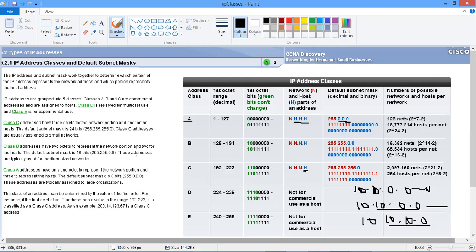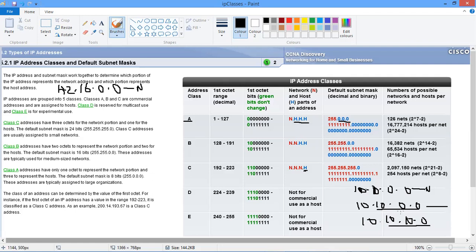Then coming to class B, if I have 172.16.0.0, this is a network address.